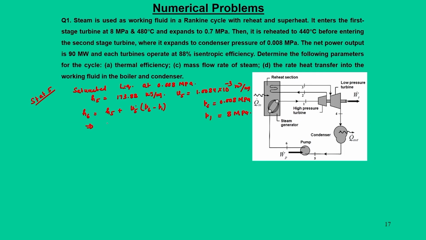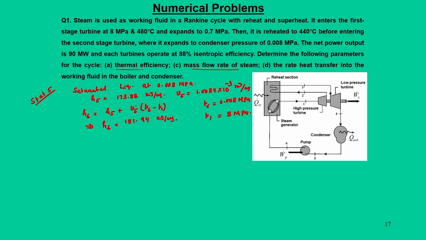So, knowing these numbers, we have h_6 as 181.94 kilojoule per kg. So, till this point we have all the data for the thermodynamic states. Then we have to relook into the part by part analysis.